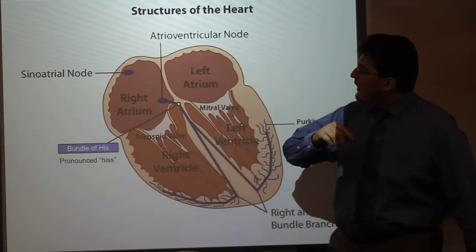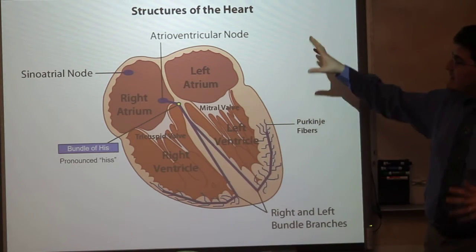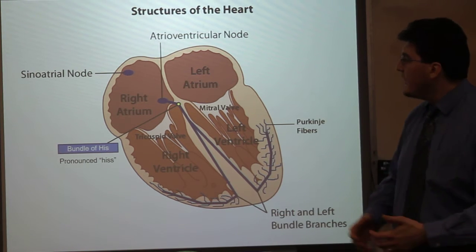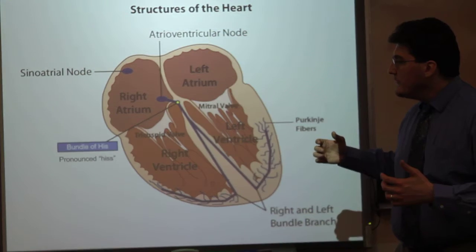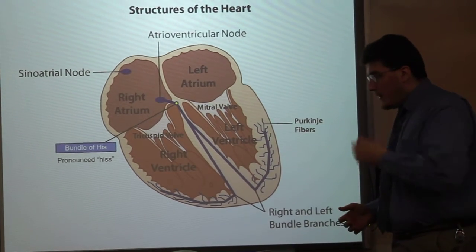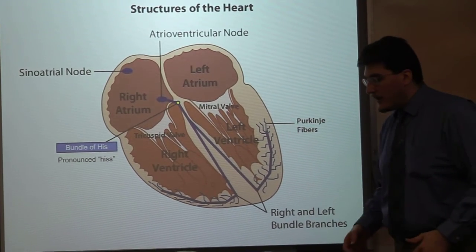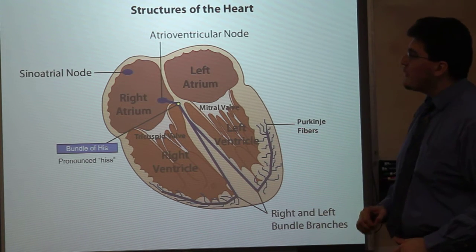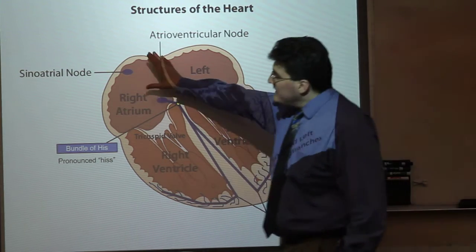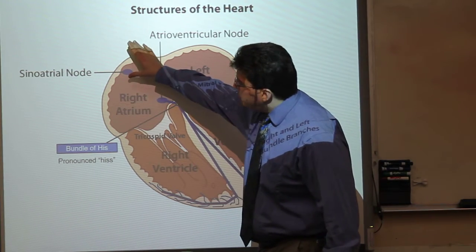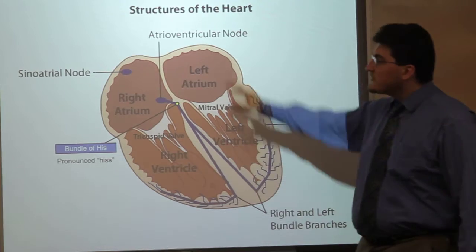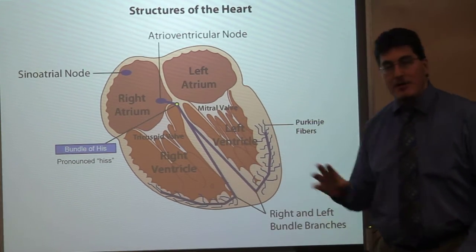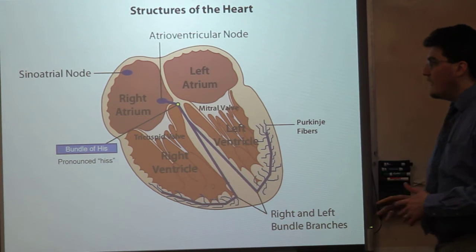All right, so this is an anatomical drawing of our heart. This is a cartoon drawing, not the heart itself, because live hearts don't really stick well to an electronic board. So we have near the upper portion of our right atrium the sinoatrial node. The sinoatrial node is the primary pacemaker of the heart.